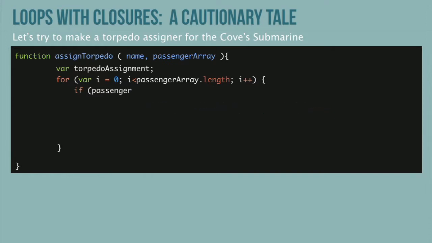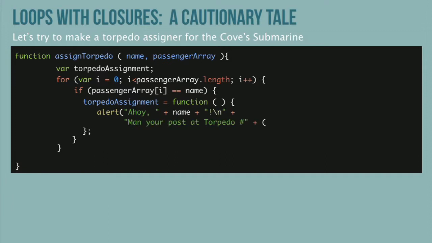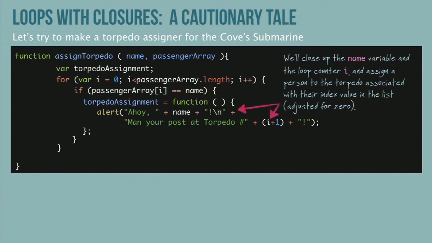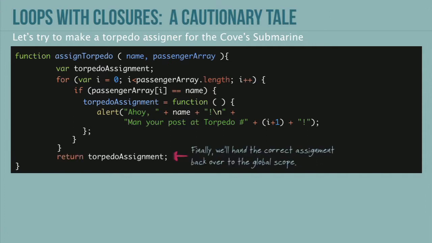So when we find the passenger, we will start to build a function, and inside that function, we'll alert "Ahoy" to whoever the passenger is, "man your post at torpedo number," and then we will use their index value, adjusted for 0, to assign them to the right torpedo number. Then, of course, at the very end, we will return our torpedo assignment variable that holds our function expression.